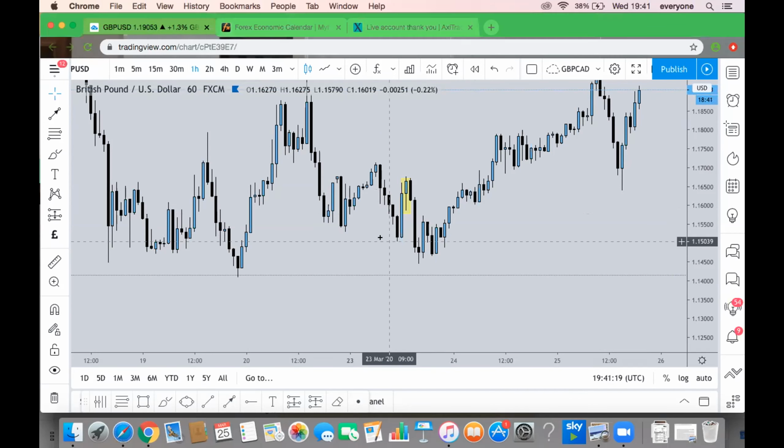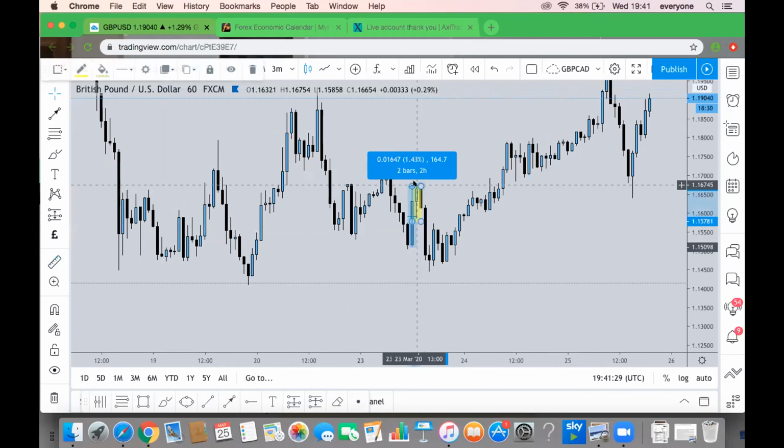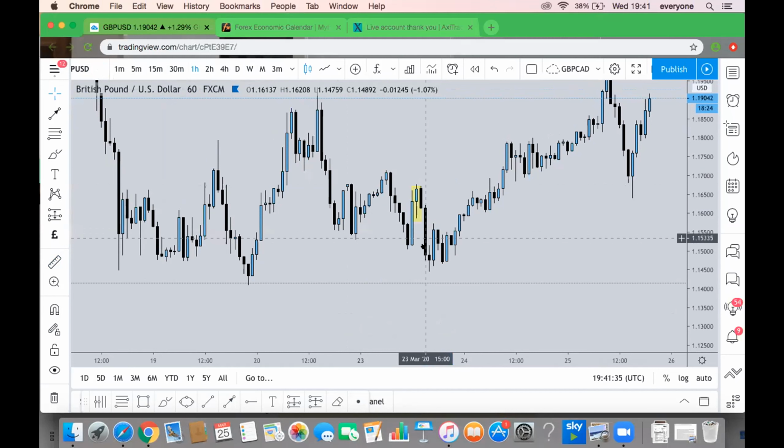So what I was saying was, if we look at these two candles here, they bought it up for 2 hours straight. Like I said, 165 pips. We can't do that. It then went down for the next 3 hours.